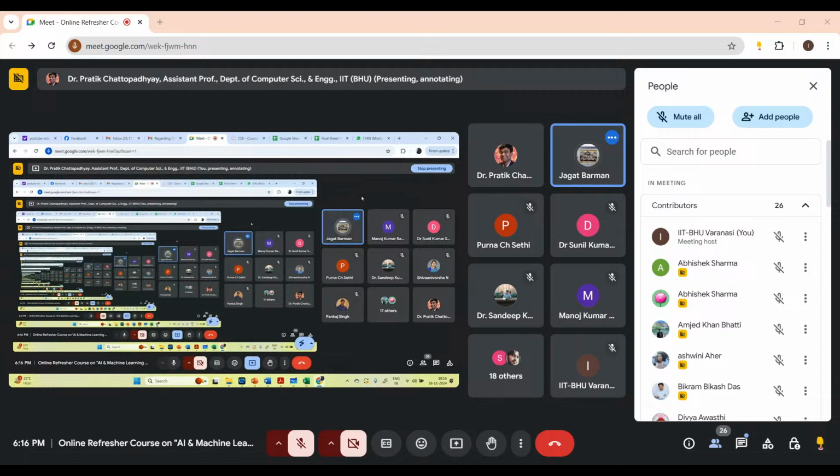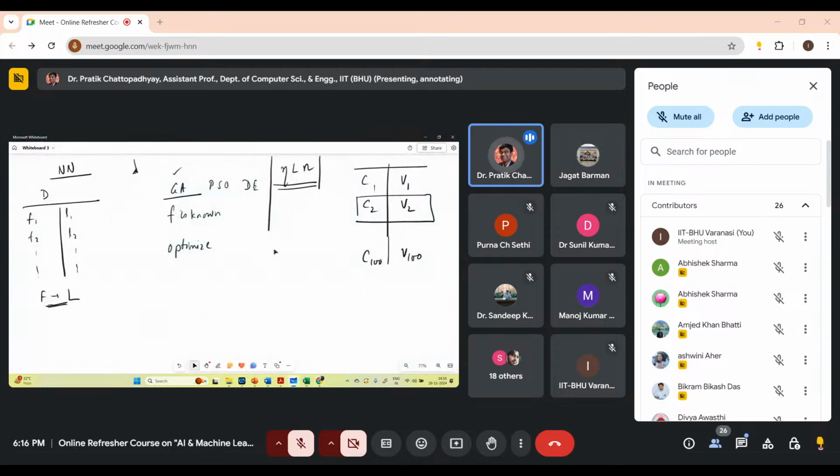So we talked now about the UCI machine learning repository. Here you can download some data sets. Search UCI machine learning repository in Google. Here you will get a lot of data sets: iris, cancer, wine data set.